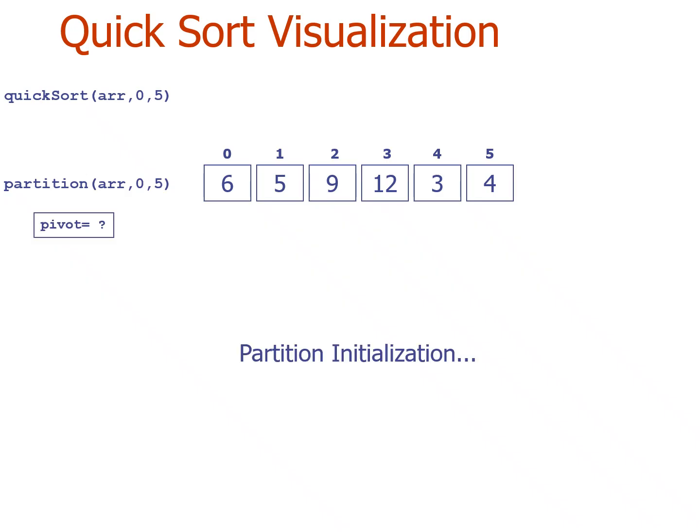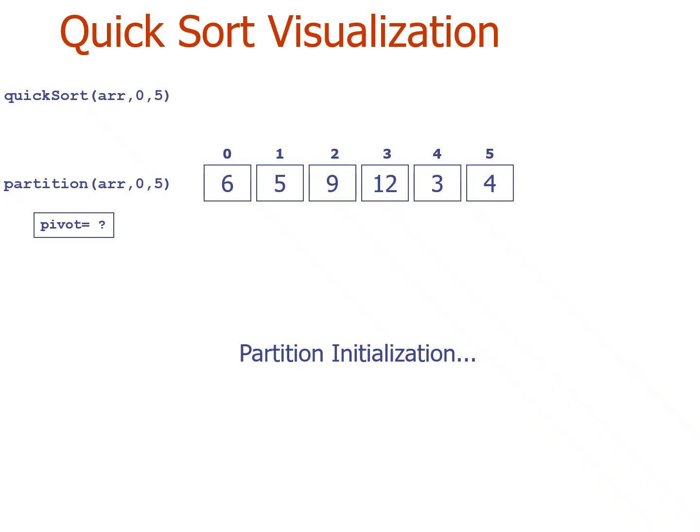Now, we need to figure out where is the pivot. So again, the best performance of quicksort you will get by rolling a dice that gives you a number between 0 and 5. Any other deterministic variation, where you think, oh, why don't I pick the value in the middle, or the value at the beginning, or the value at the end, actually has a counter case where the performance degrades.